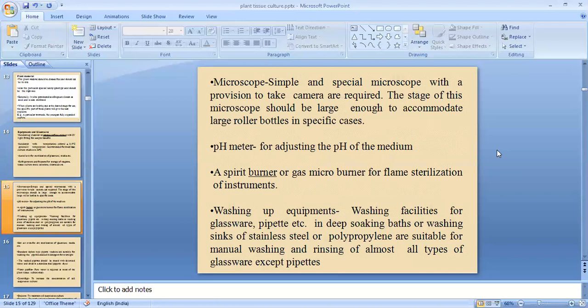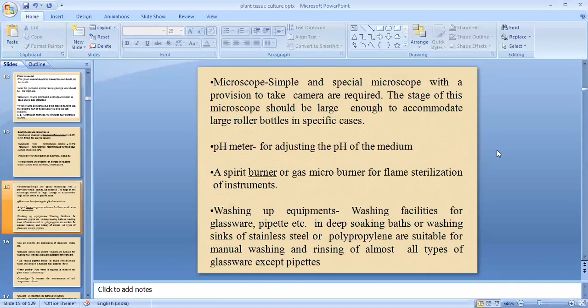And the stage should be large enough to accommodate large roller bottles in specific cases. You also require a pH meter for adjusting the pH of the medium. You require a spirit burner or a gas micro burner for the sterilization of instruments or other heating purposes. And next are the washing equipment.